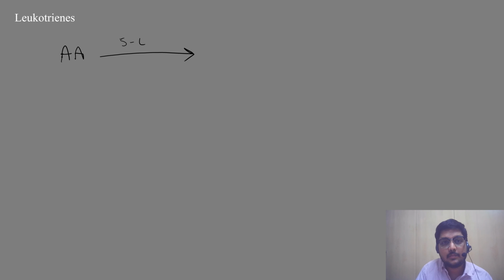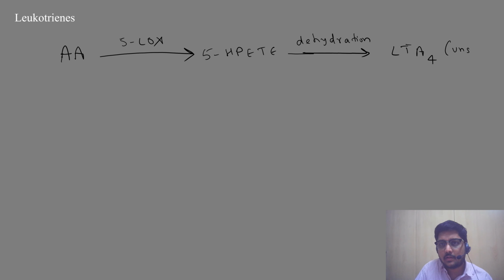There is an enzyme 5-lipoxygenase. It undergoes multiple steps to form leukotrienes. The first leukotriene formed is LTA4. This is highly unstable.